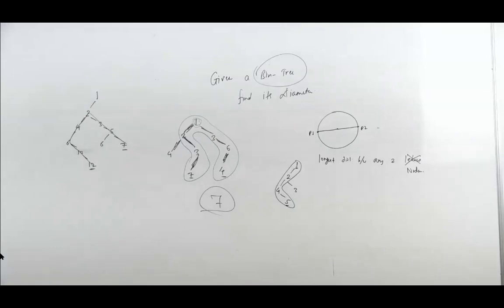Okay, cool. Makes sense to everyone? Now, tell me, how do I solve this problem? So the way to go is recursion, but how exactly can we use recursion? Think of that.